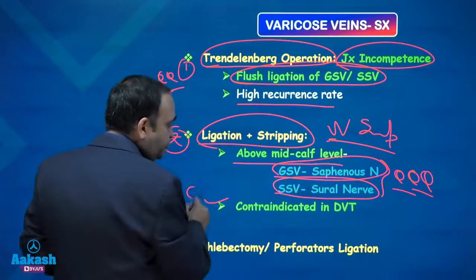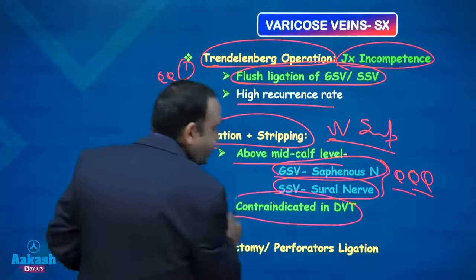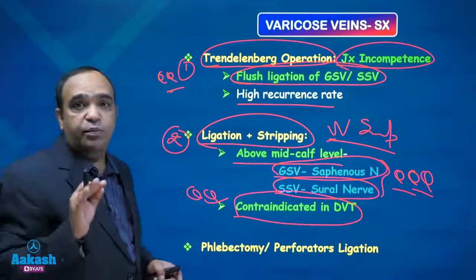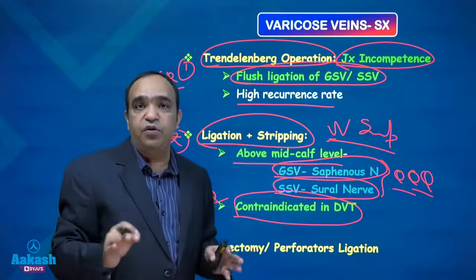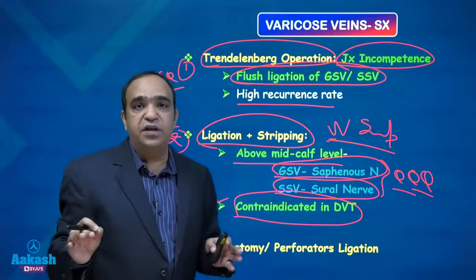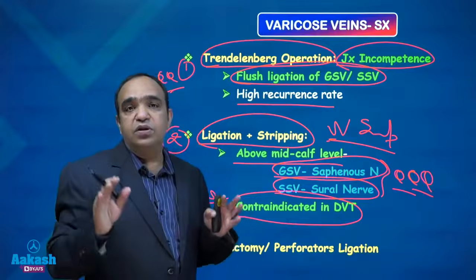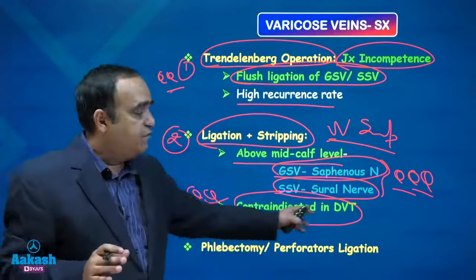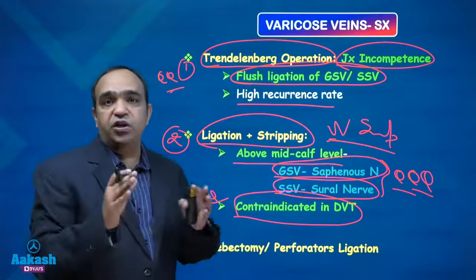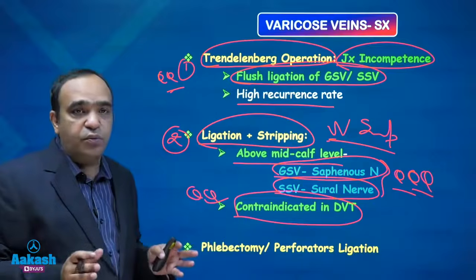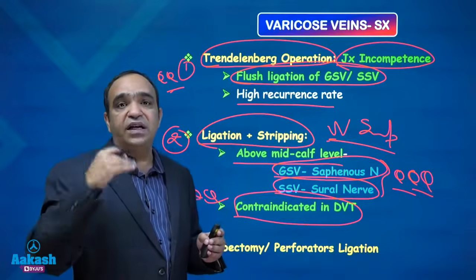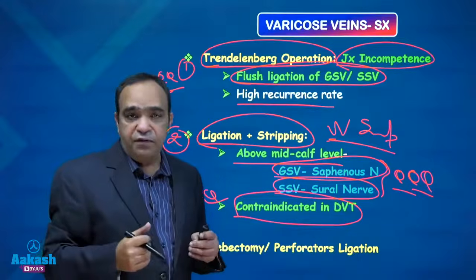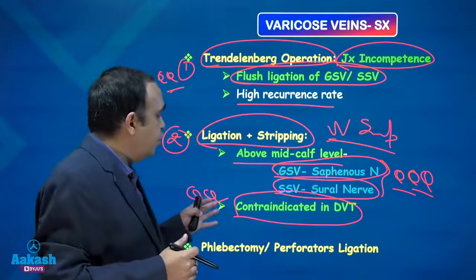And second, stripping is contraindicated if deep veins are blocked. That is why I emphasized the point that before proceeding for the treatment, you must know the status of deep veins. Why is it contraindicated? Because if deep veins are blocked or thrombosed, then the superficial veins are the only veins that are helping in returning blood from the lower limb.